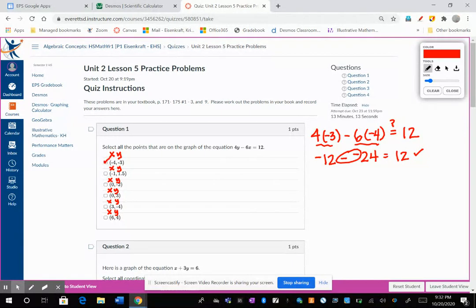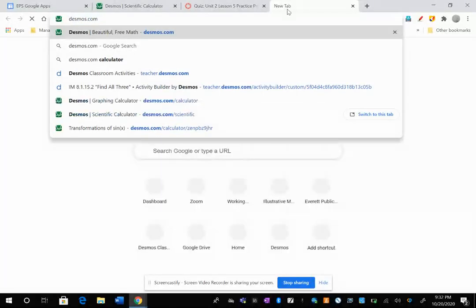Maybe you could do it mentally, but I want to show you how you could utilize the Desmos scientific calculator to help do it a little bit faster. If I go to open Desmos, this is one way to get there. I'll show you from the beginning.